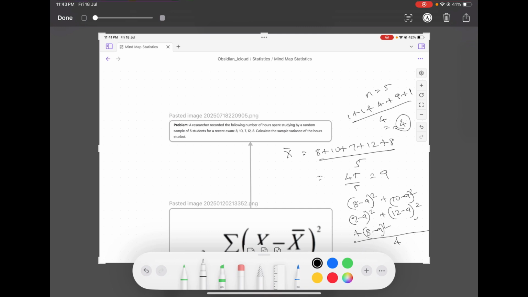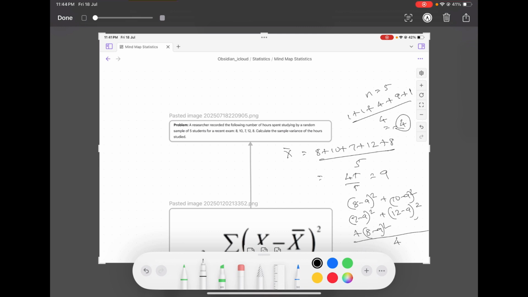This is how you calculate the variance. That means the dispersion among this data. It indicates how different the data is, how spread out it is. Now, coming to why we use sample and population variance.